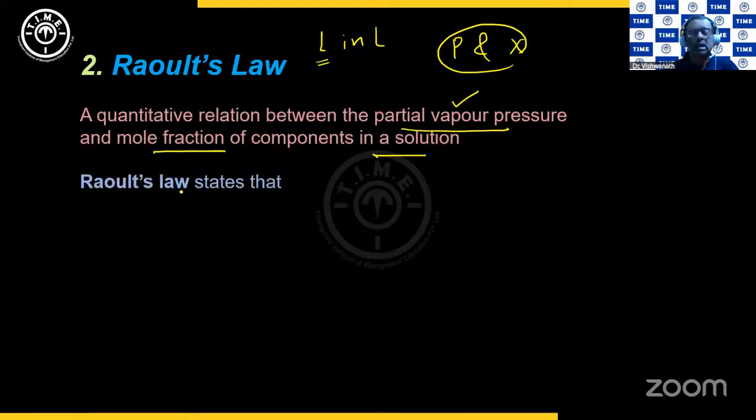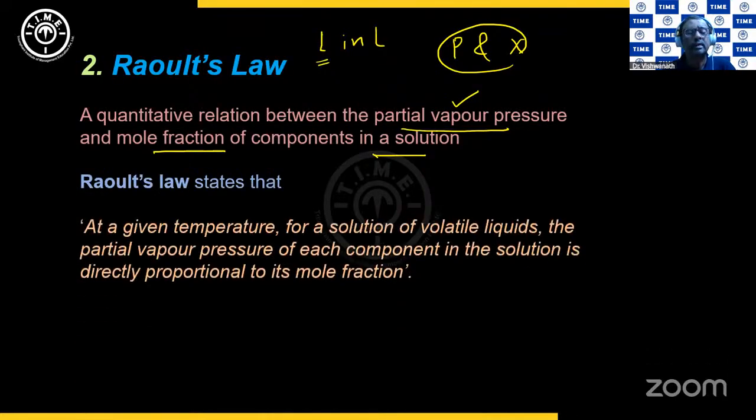Now, Raoult's law states that at a given temperature, as with Henry's law, for a solution of volatile liquids, both the liquids are volatile, we said volatile liquid solute plus volatile liquid solvent, the partial vapor pressure of each component is directly proportional to its mole fraction. Clear? So it's a very, very simple statement.